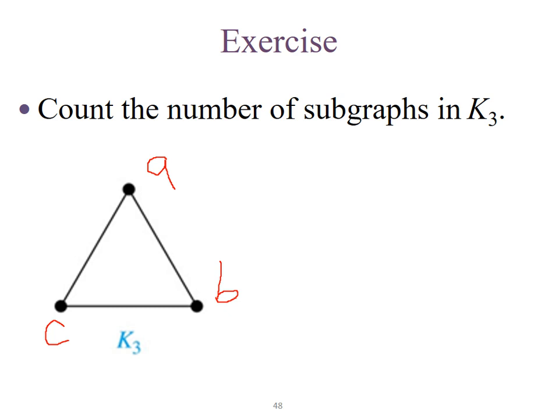He just chose different vertices, for example, A, AB, or AC, or ABC.